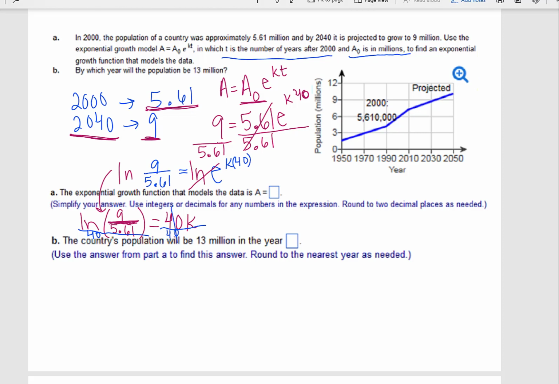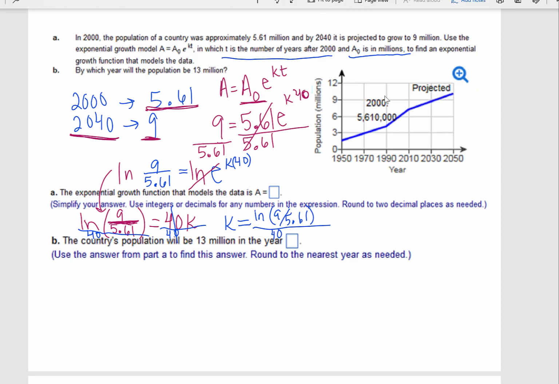So K equals natural log of 9 over 5.61, all over 40. Okay.